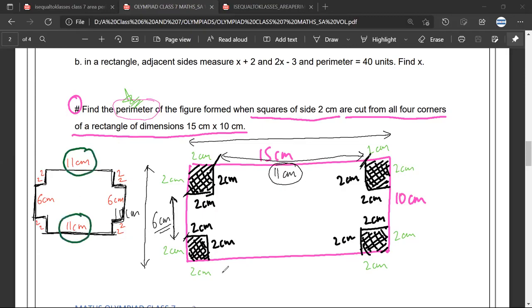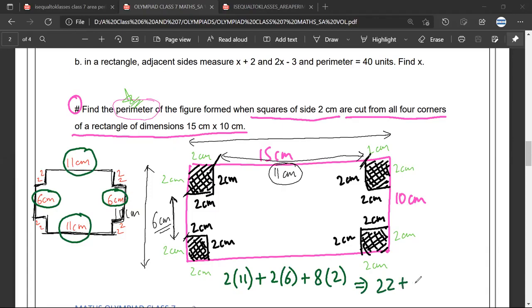So the simple way is this is 11. This is 11. So you have two 11s. Do we agree? Yes, sir. Similarly, we have two 6s. Do we agree? Yes, sir. And can you tell me how many 2s do we have, Mr. Sarthak? 8. Shabash. So 1, 2, 3, 4, 5, 6, 7, 8. So this is 22 plus 12 plus 16.